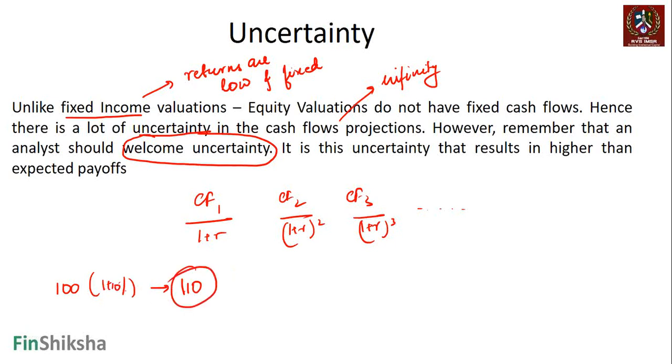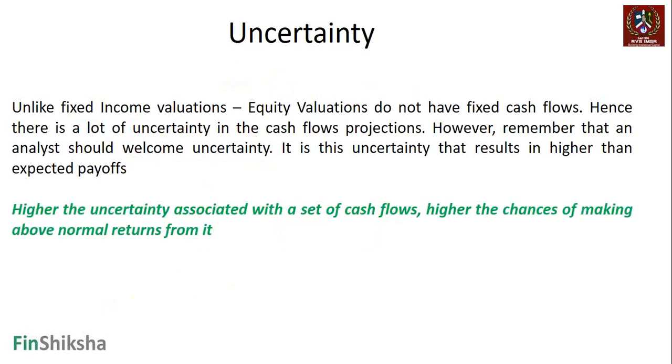And so, if the uncertainty is higher, your expected payoff from that particular security should also be higher, right? So, the higher the uncertainty associated with a set of cash flows, the higher the chances of making above normal returns from it. Correct?